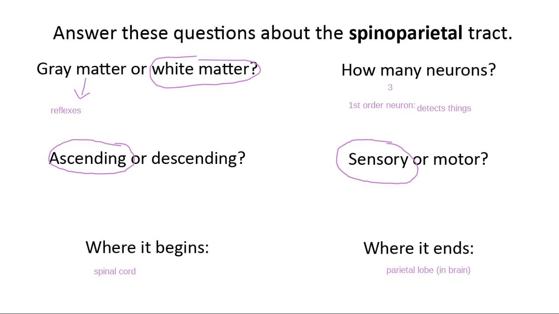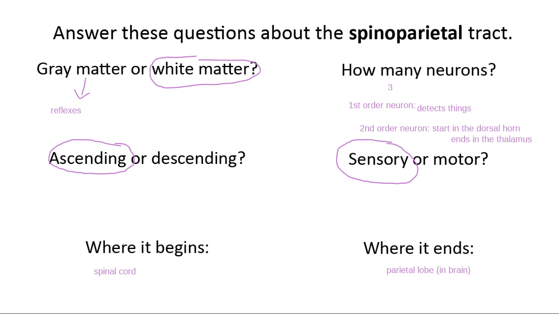First order neuron. Second order neuron is the one that starts in the spinal cord. So it's going to start in the dorsal horn. Where does that second order neuron end up? Where does it go? Yeah, exactly. It ends in the thalamus. Remember from our brain chapter that the thalamus is the sorting center of the brain.